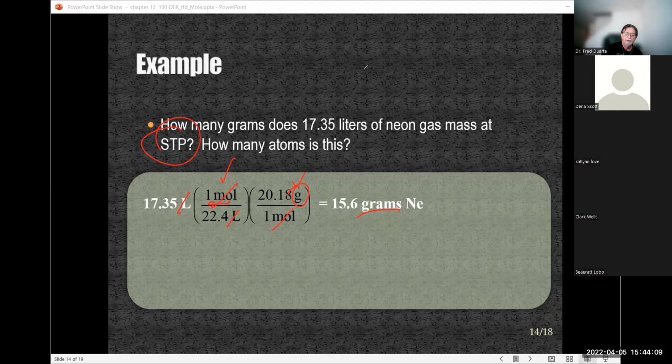So you plug in the numbers, and you end up with 15.6 grams. Now, here's the thing. I have 3 sig figs here, 15.6, but I started off with 4 sig figs, so why do I have an answer with 3 sig figs? This has 4 sig figs.